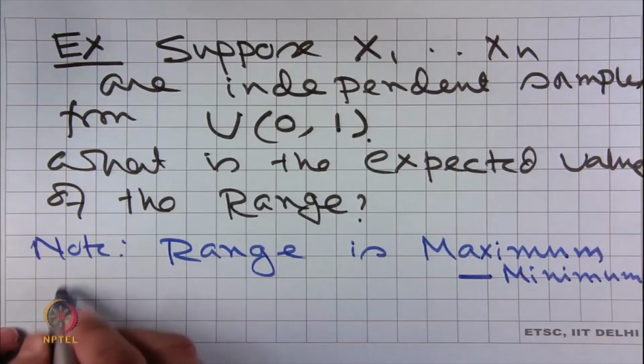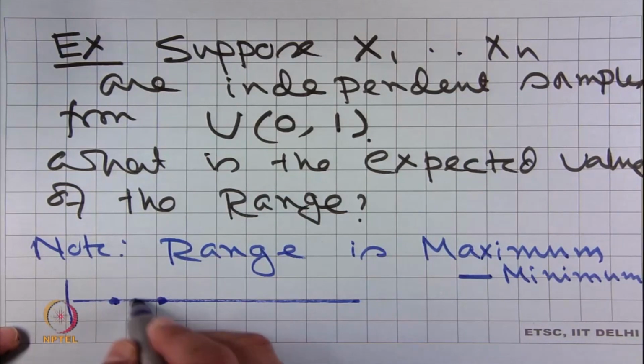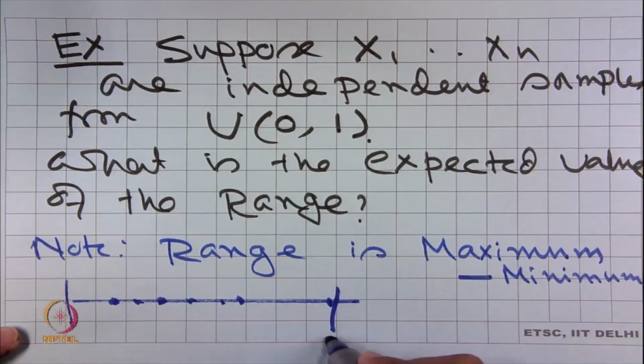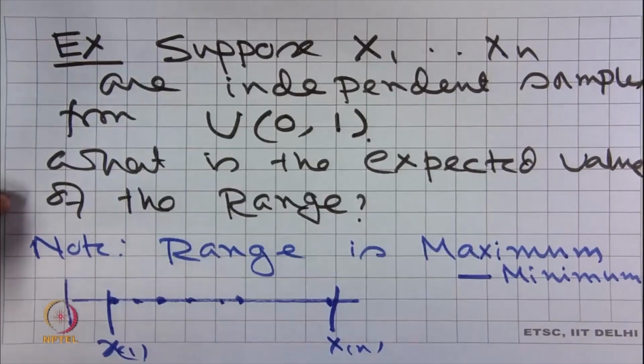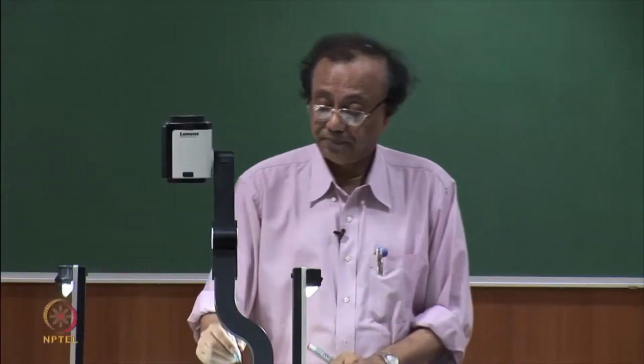We know that if these are the samples, then the range is xn minus x1. Suppose we want to find out the expected value of the range.